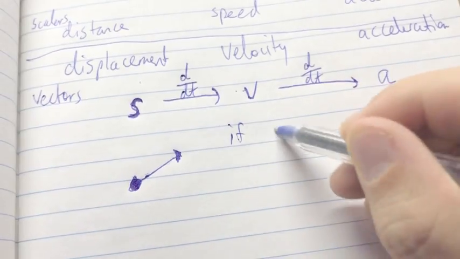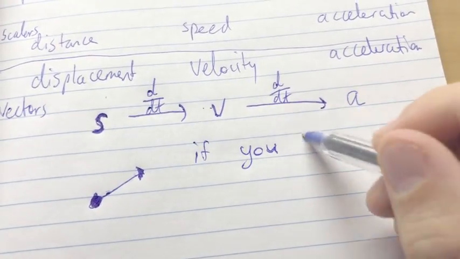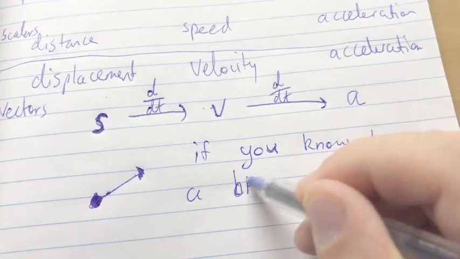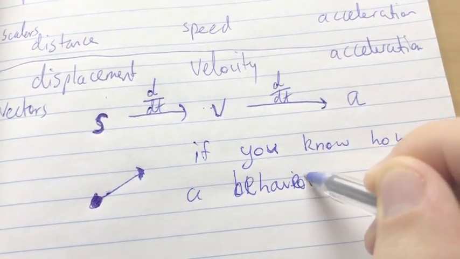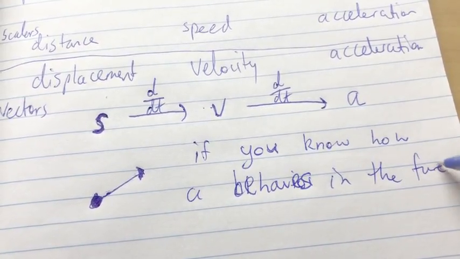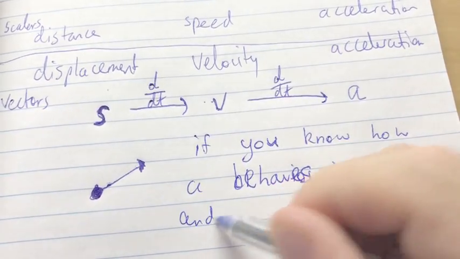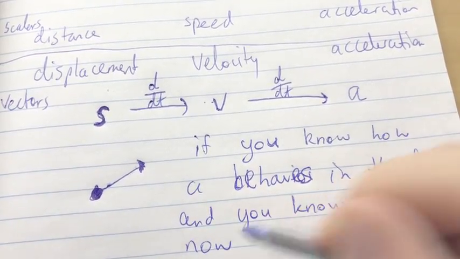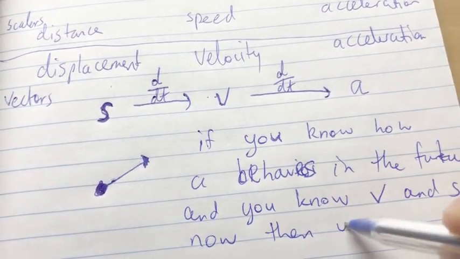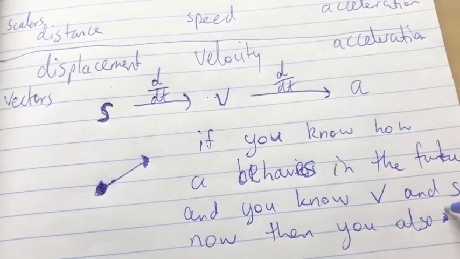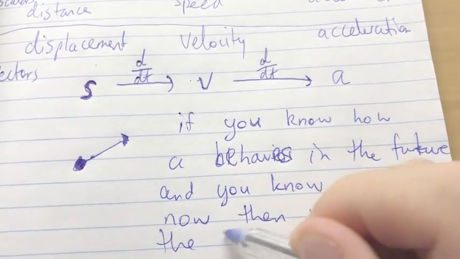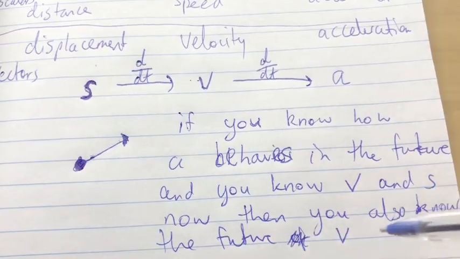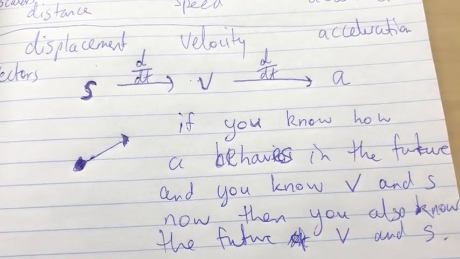So if you know how a behaves in the future, and you know v and s now, then you also know the future v's and the future s's, okay?